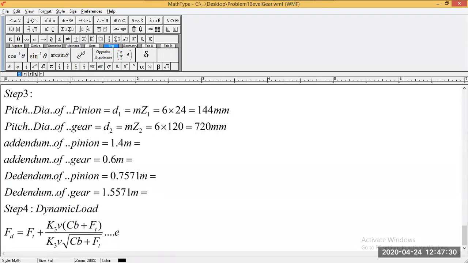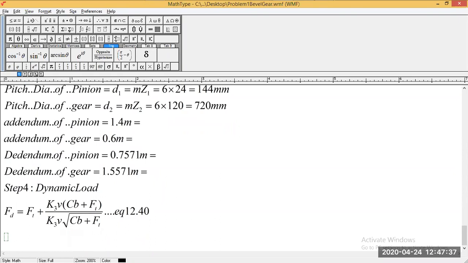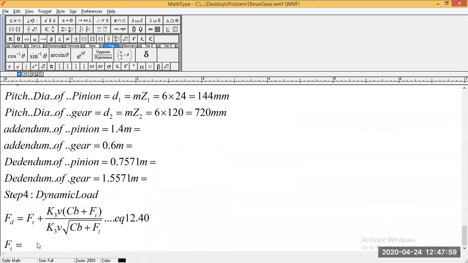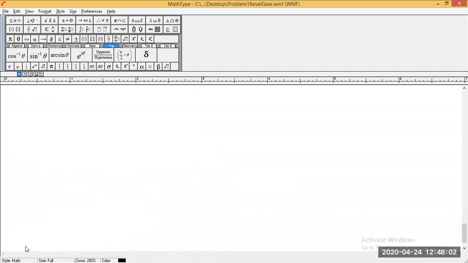So this is equation 12.40. This is for the bevel gear. And again here we'll note down the values individually. So Ft: we'll find the individual values of each. Ft here is equal to, you can copy this value here. We have not yet found Ft, so we'll find it from step 2 part 1.